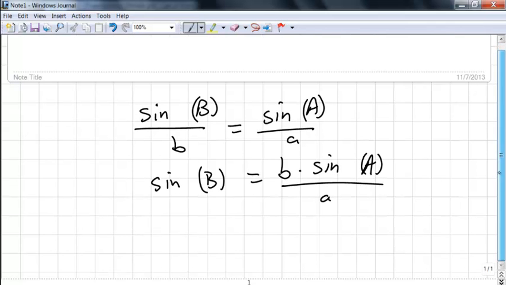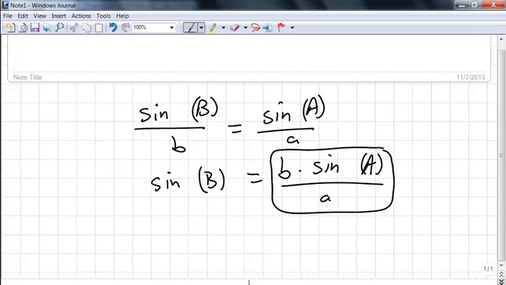Now, when we try to go from here, and we have the angle B, angle B has to be a measure of an angle that's actually in a triangle. So that's between 0 and pi radians, or 0 and 180 degrees. But the problem is, this expression here should be a positive expression, because angle A is between 0 and pi, so its sine will be positive, and these are side lengths, so they're positive.